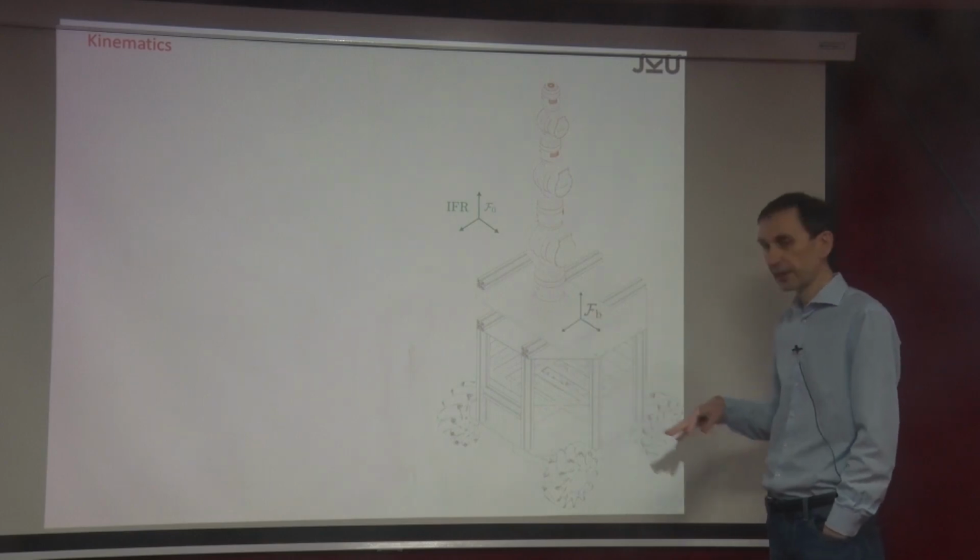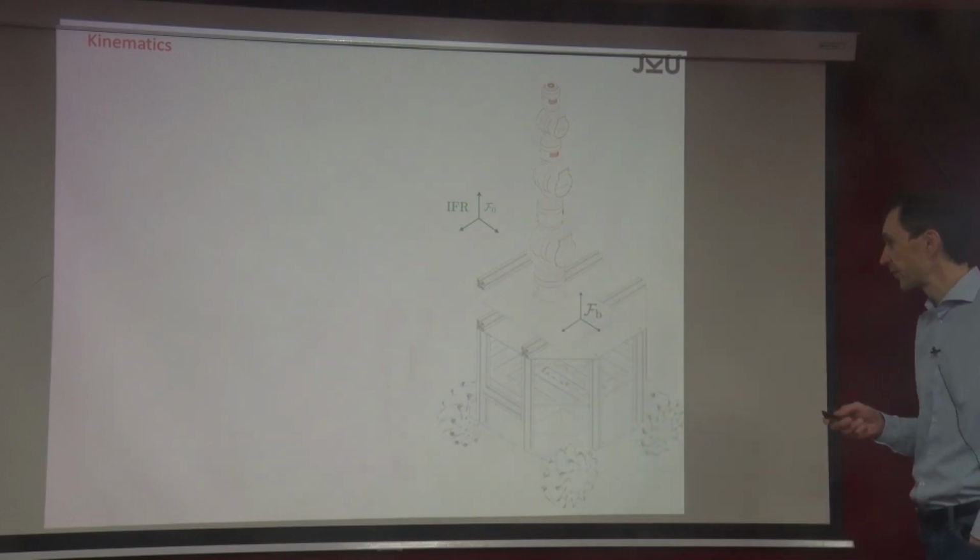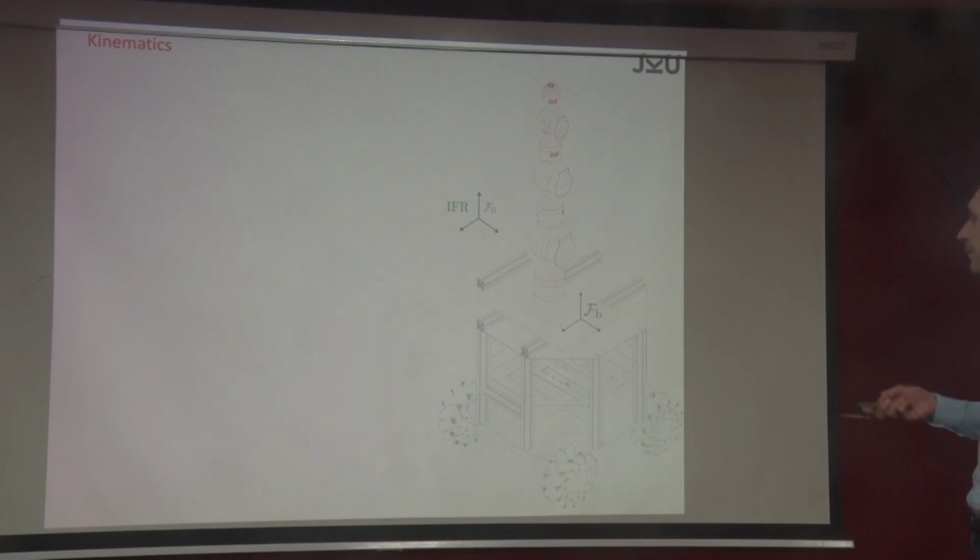The base is now moving according to some other means, right? Some other means. What we did in the past was we said we have one space fixed frame, and that's called the inertial frame. Okay, so the space fixed frame is still there.